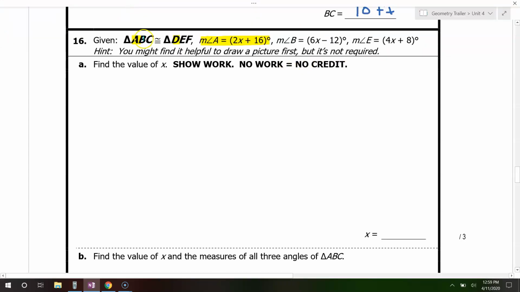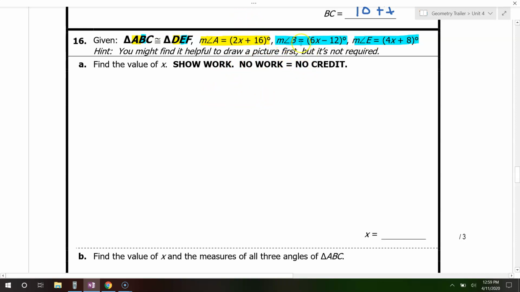Now angle B corresponds with angle E. So here's an expression for angle B, and here's an expression for angle E. Hopefully you see how my coloring system is going to help us out.